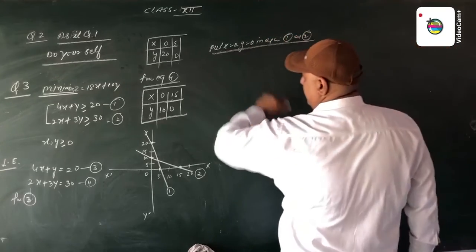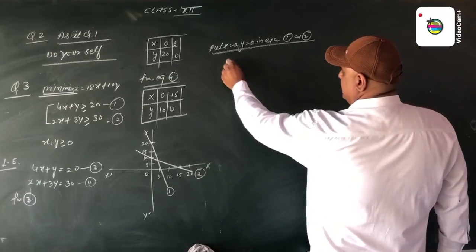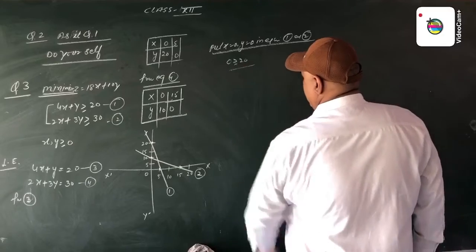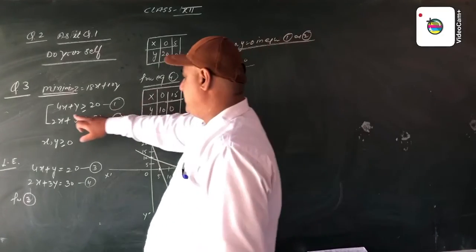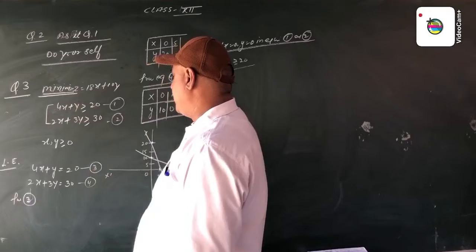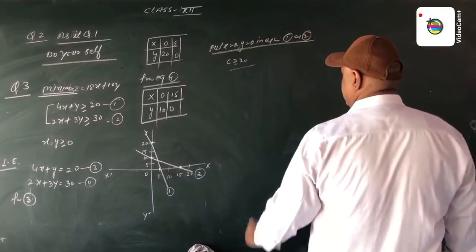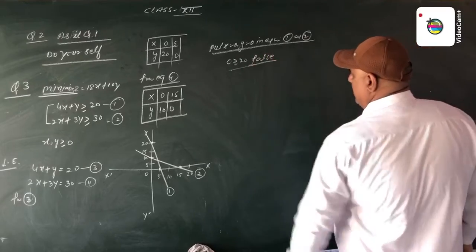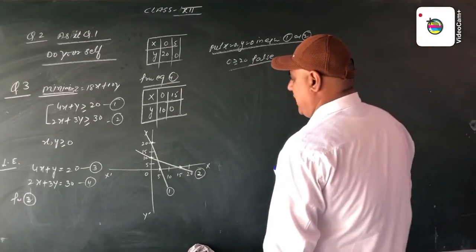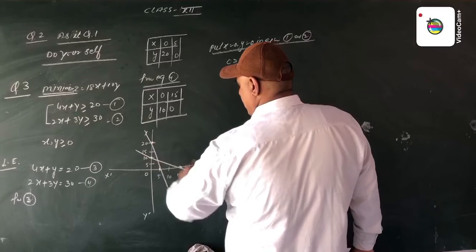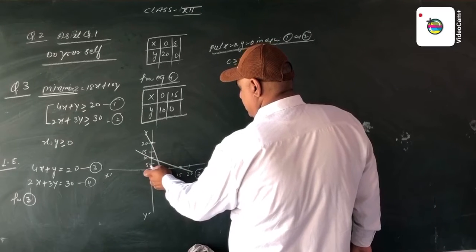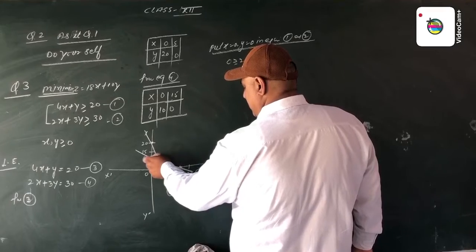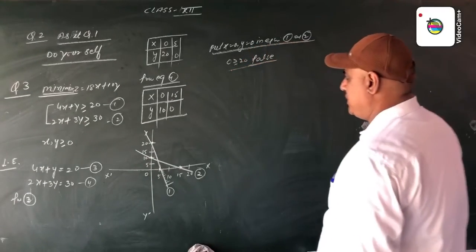First we put in equation first, then it says 0 is greater than or equal to 20, which is a false statement, so the plane becomes opposite to the origin.